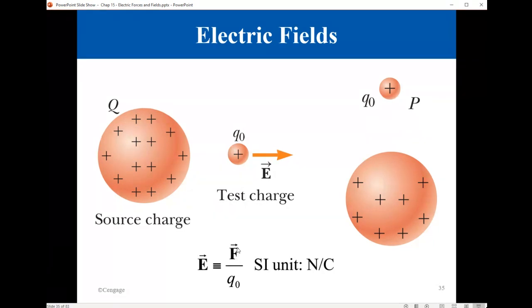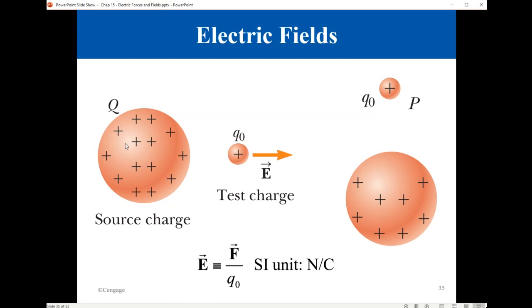The total force, divide that by the test charge Q naught, so you have force per unit charge. This force per unit charge is called the electric field. So from this definition, the unit of the electric field is a unit of force divided by a unit of charge, so it's a Newton per Coulomb. And the direction of the electric field is the same as the direction of force.